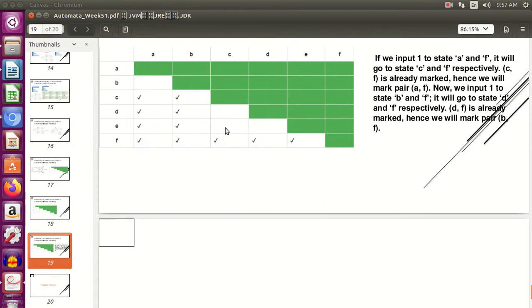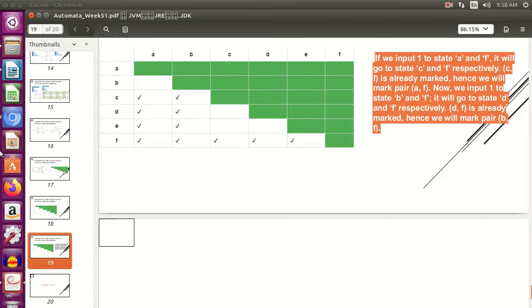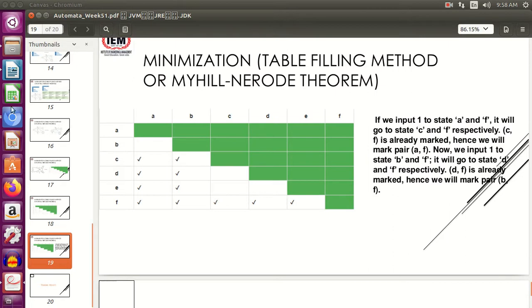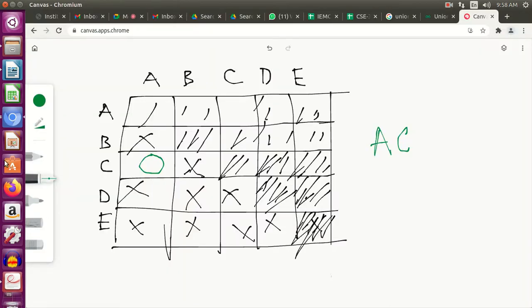They are CE and DE, and over here it's CD. We are going to combine these three pairs, and if we try to draw the reduced DFA, it will look like this.